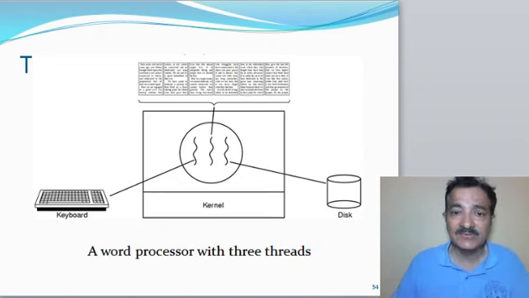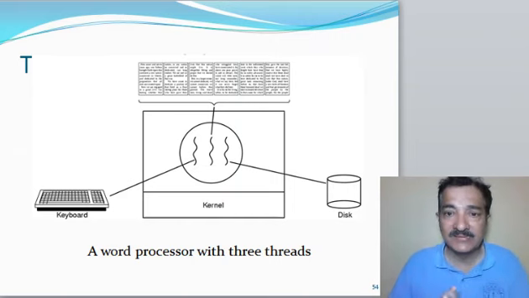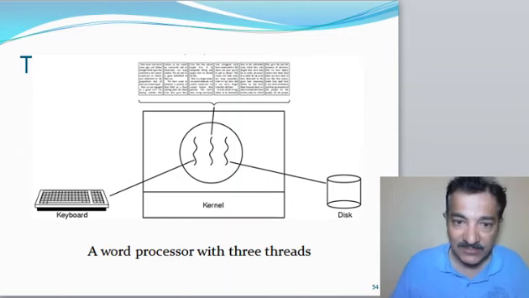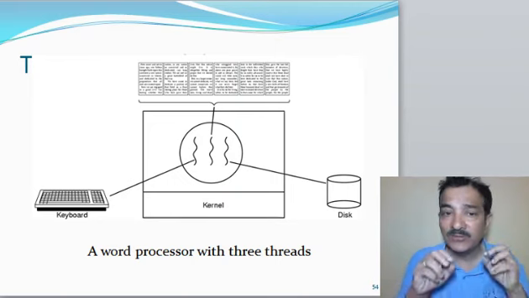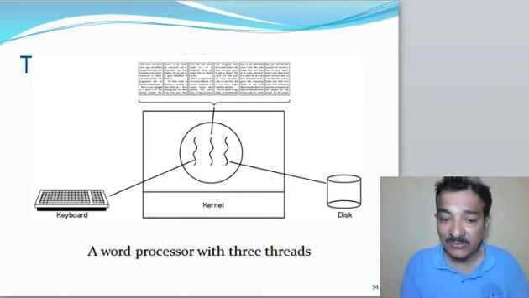Now here there is one example of how you can utilize a threaded program. If you have one program running and it's a word processor program, you could have one thread running to listen to the keyboard. Whenever a key is pressed, it takes the character and displays it.